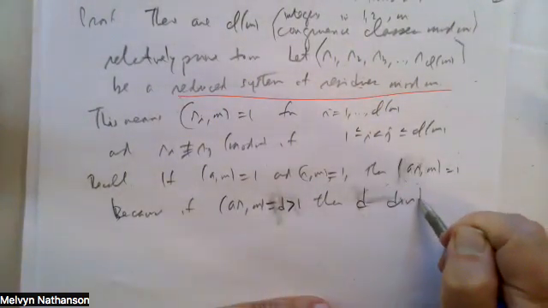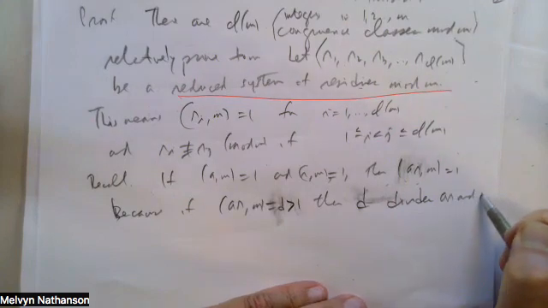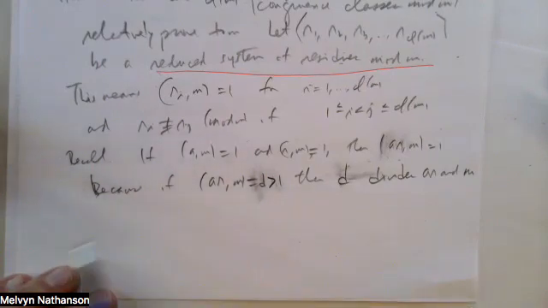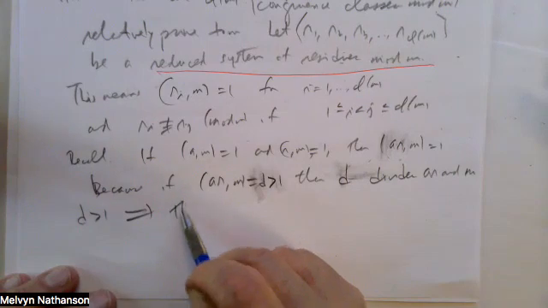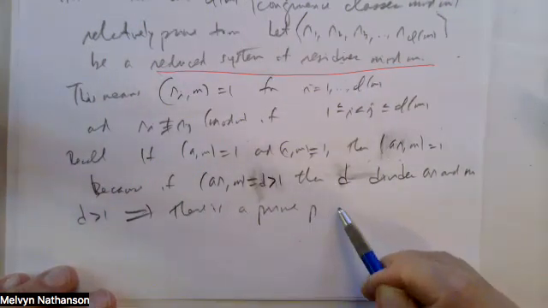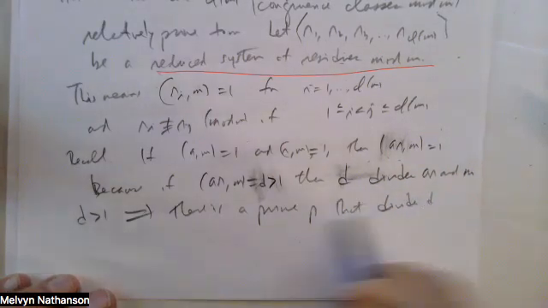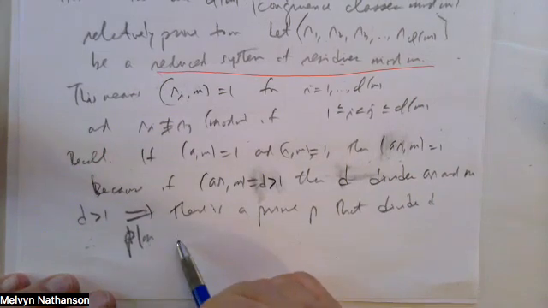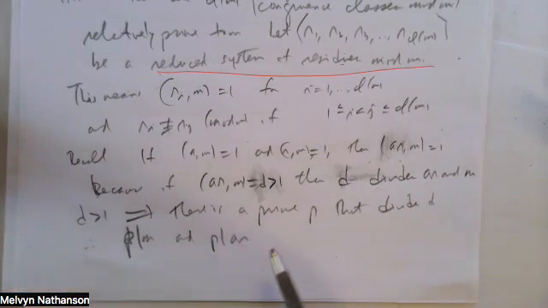D divides AR and M. It divides both of them. That's the definition of a common divisor. D bigger than 1 means there is a prime P that divides D. So therefore, this prime P divides M, and P divides AR.